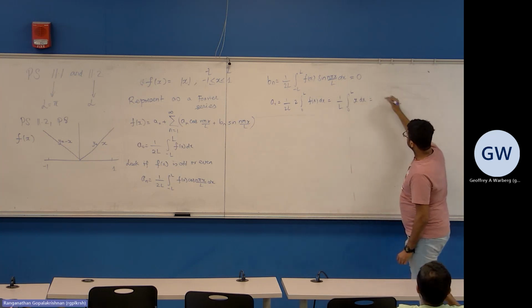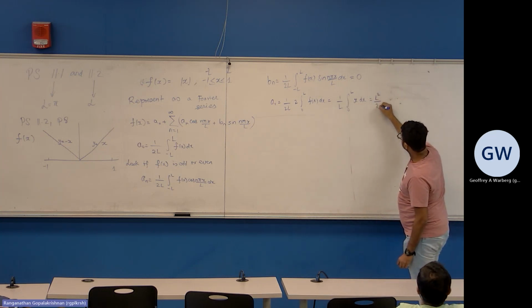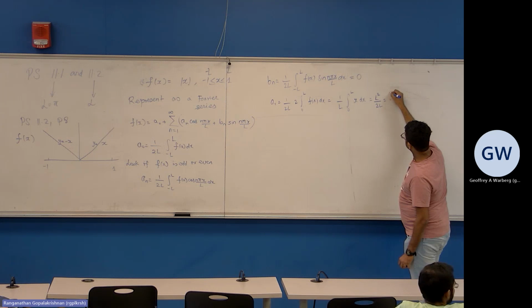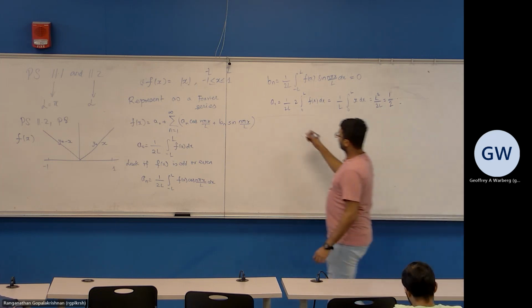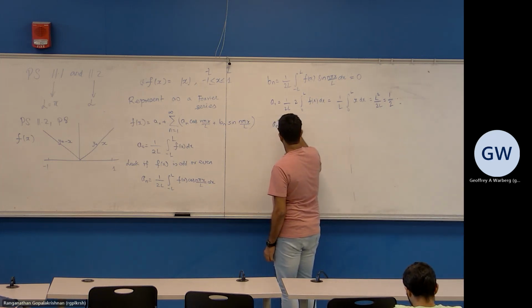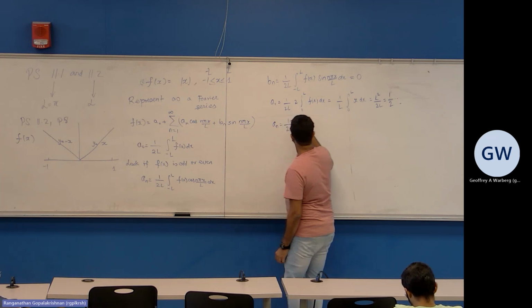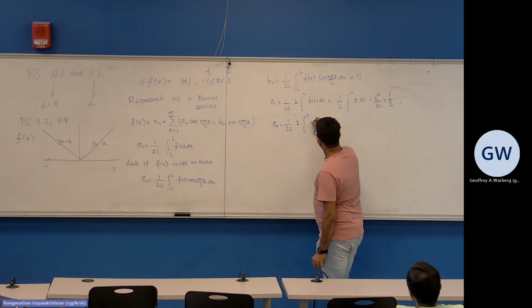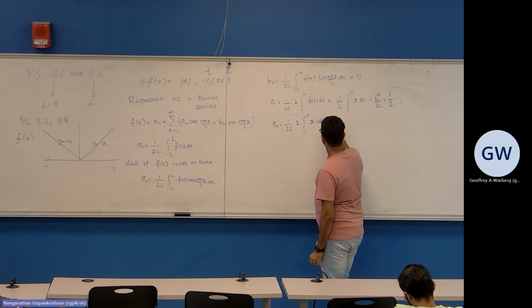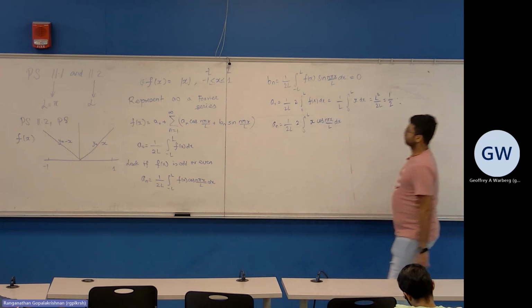So this is L squared over 2L or L over 2, which is 1 over 2. An is 1 over 2L, 2 times the integral from 0 to L of x times cos n pi x over L dx.